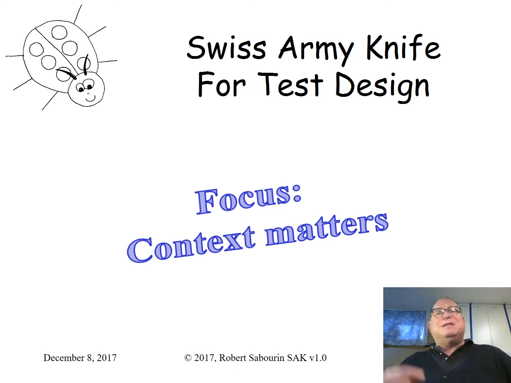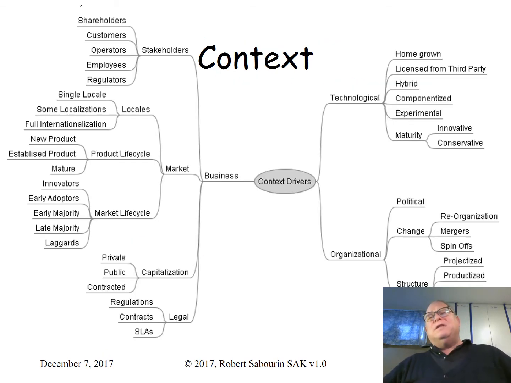It's important when we're designing tests to understand context. Contexts are factors that influence the project. Factors related to the business, factors related to the technology, factors related to the organization, and factors related to cultural elements of the system.